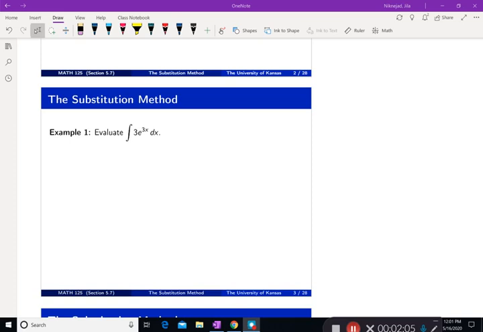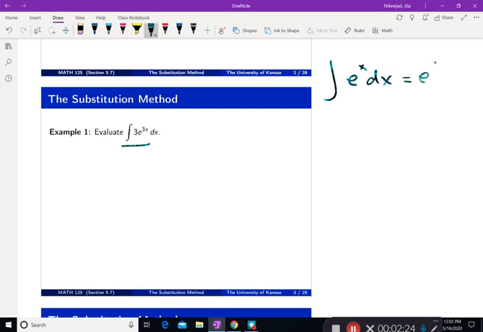Okay, so our first example, example 1, we want to take the antiderivative of 3e to the power 3x dx. I know this antiderivative easily because I know e to the power x is its own derivative.